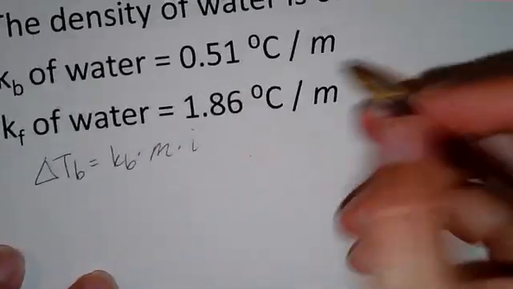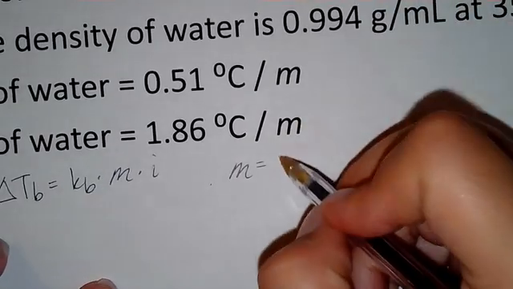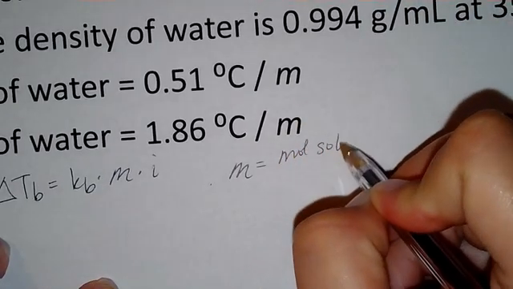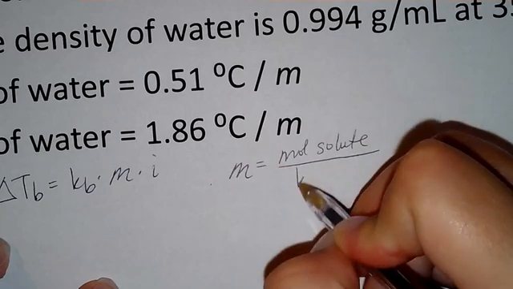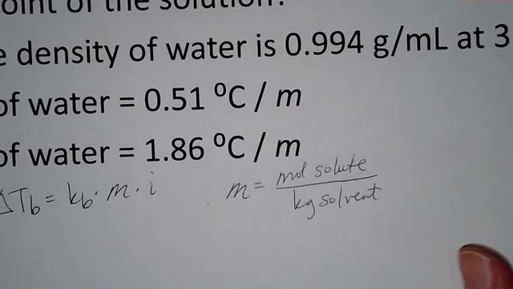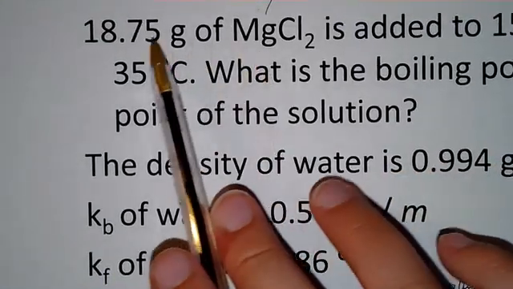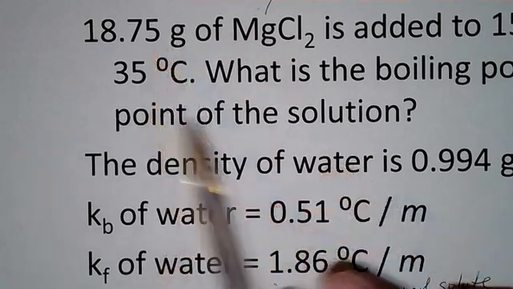All right, so we are given 18.75 grams of solute, so we just need to turn this into moles using our molar mass. So 18.75 grams magnesium chloride. We're going to divide by molar mass.